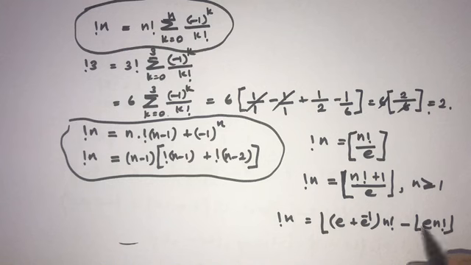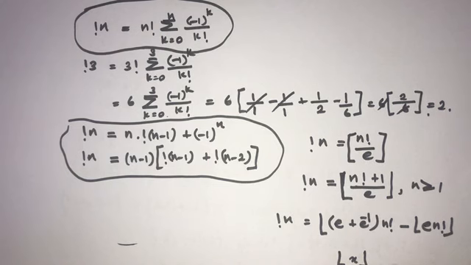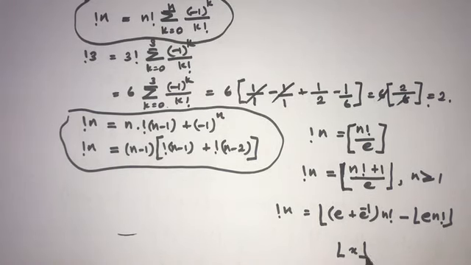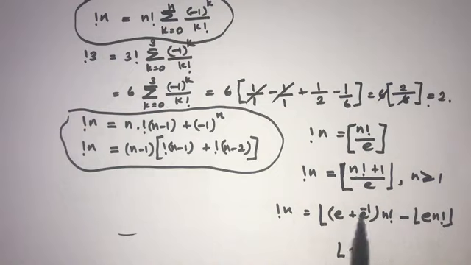Here, if we take x, the brackets are floor functions. Now we have many formulas to find the subfactorial.